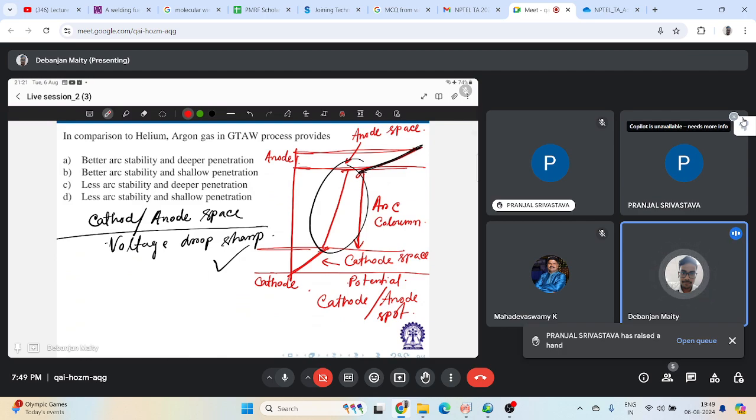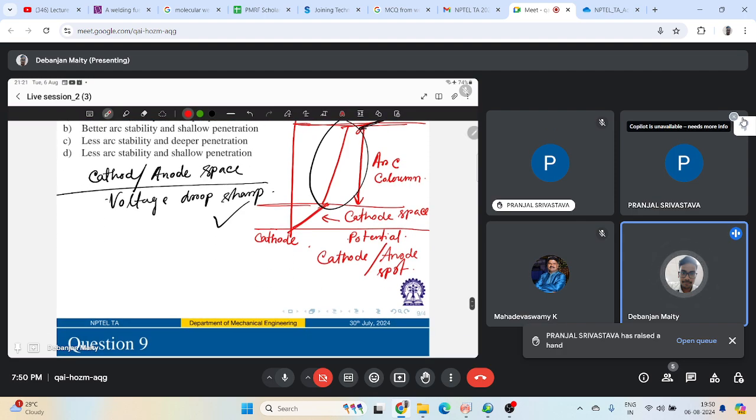In comparison to helium, argon gas in gas tungsten arc welding process falls. There are some options. Now, in gas tungsten arc welding, both argon and helium can be used. However, there is some difference in ionization potential for argon and helium. If you see argon gas, it has an ionization potential of around 15 electron volt.